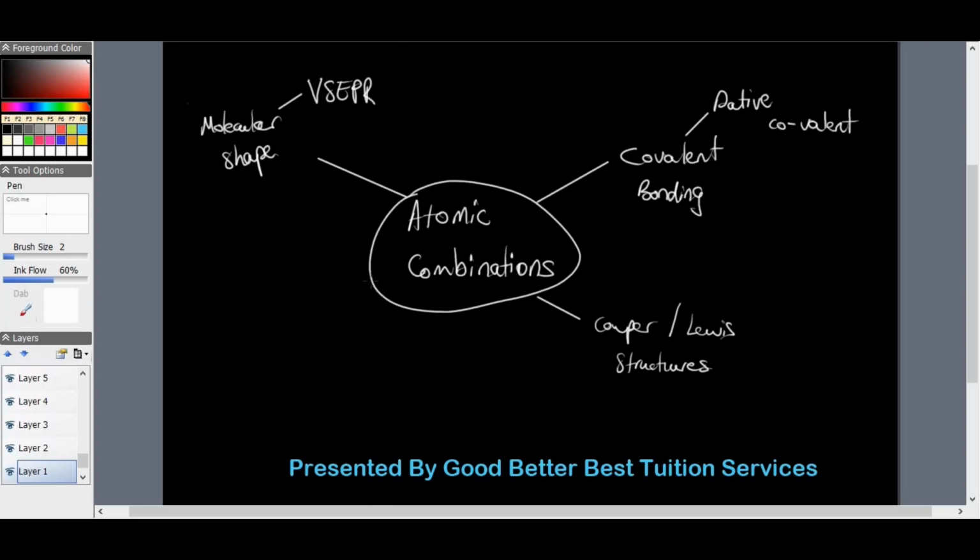But also in atomic combinations, we're going to have a look at electronegativity. So this is my lesson for today, to get through the covalent and Lewis and Cooper structures, as well as touch on molecular shape.